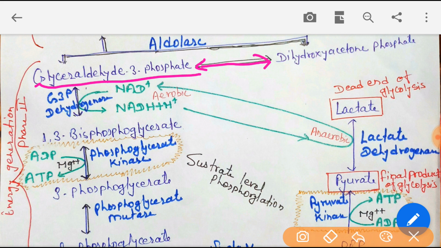Here glyceraldehyde 3 phosphate is converted to 1,3-bisphosphoglycerate in presence of the enzyme glyceraldehyde 3 phosphate dehydrogenase. Here NAD plus is required, which is converted into NADH plus H plus.